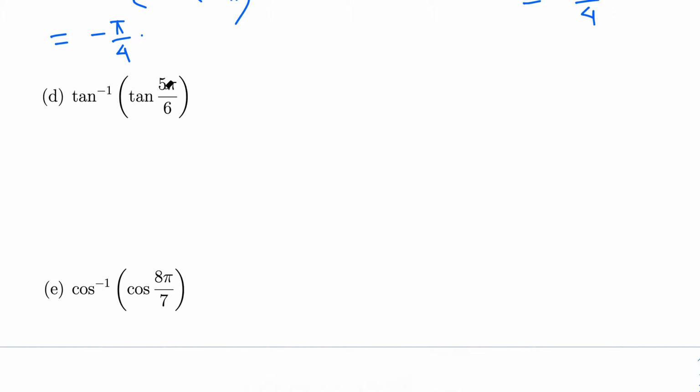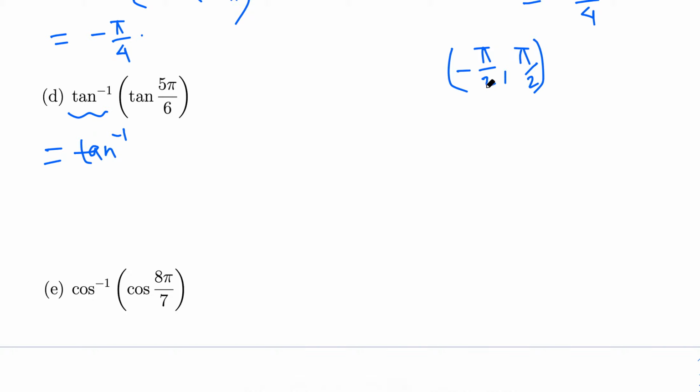Tangent of pi over 6. This is a standard angle, so we can use the alternative way. We don't have to go through the general procedure. What is tangent of pi over 6? We cannot simply cancel and write pi over 6, because the range of tangent inverse is negative pi over 2 to pi over 2.